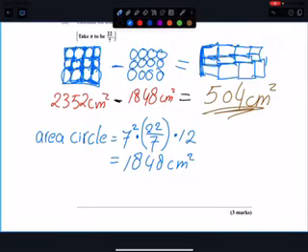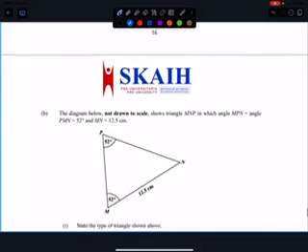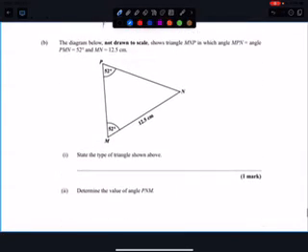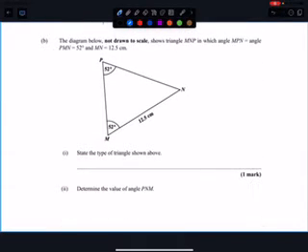Continuing, 3 marks. State the type of triangle shown below. Some of the answers that I received, I shall leave no comment.